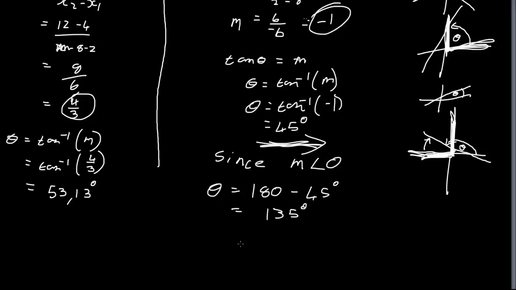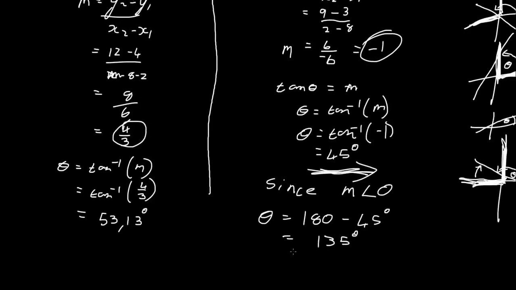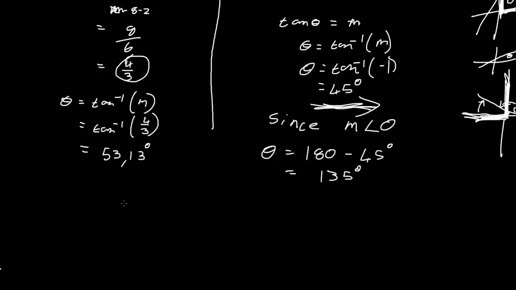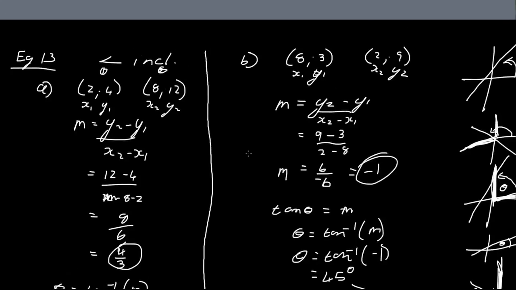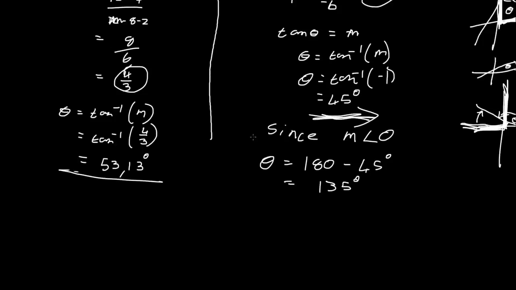What you need to know here with angle of inclination is that the best thing to do is always just to draw the line, then you can logically see if the angle you've calculated is correct. With a positive gradient, the answer that you get from this formula is going to be your final answer.